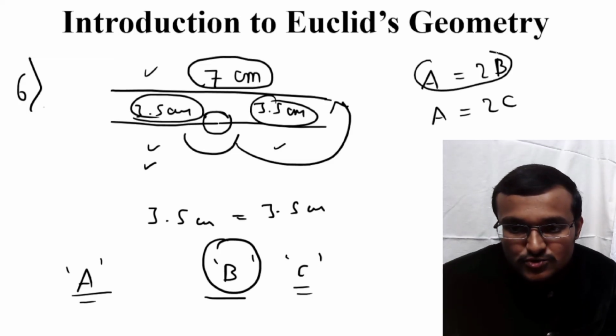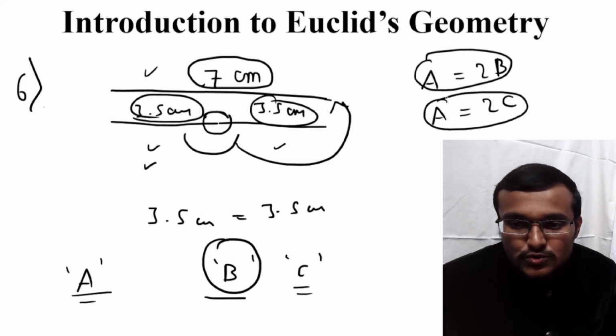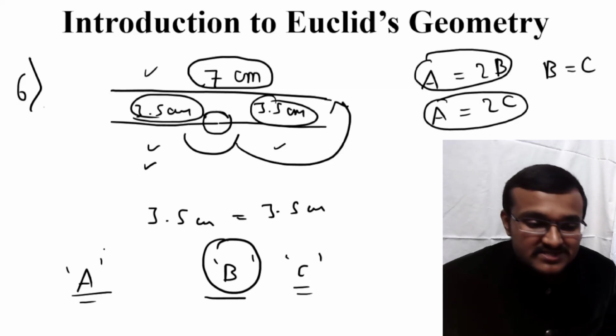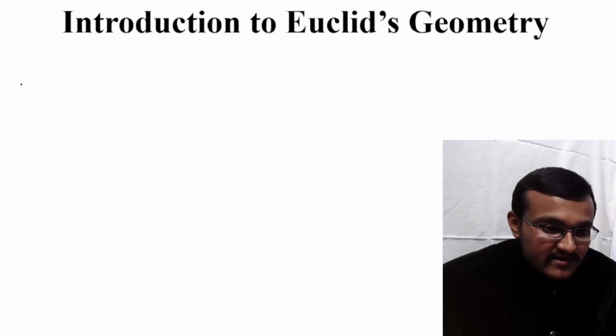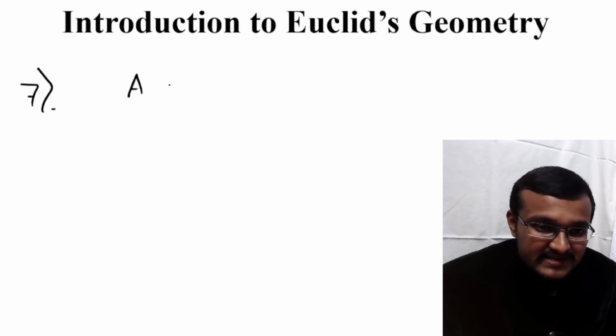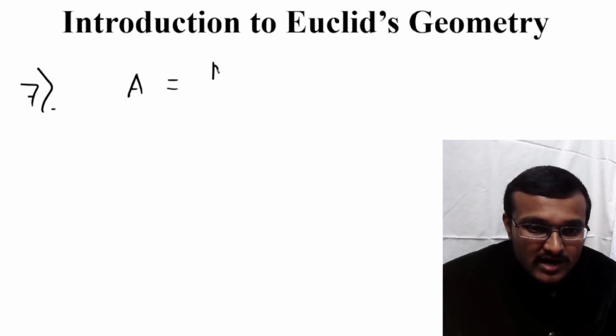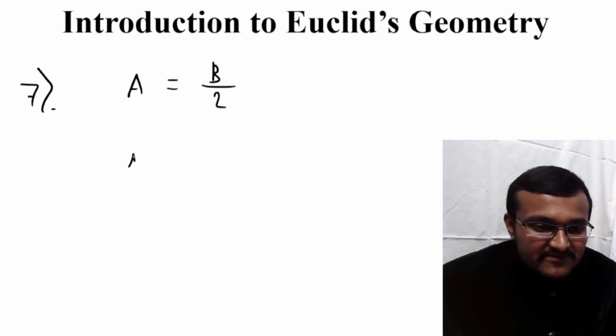So if A is equal to 2B and A is equal to 2C, then B should be equal to C.